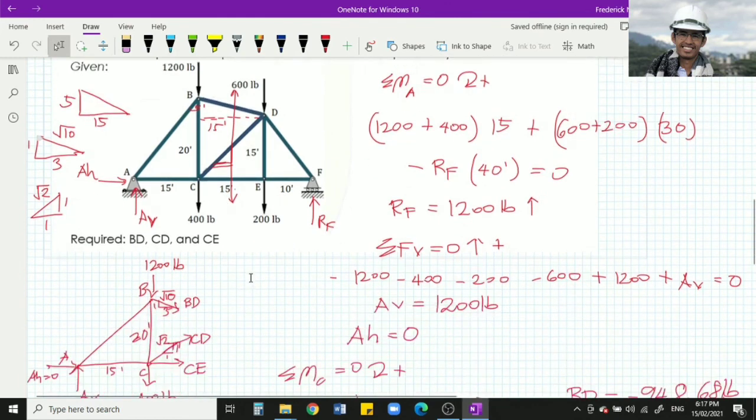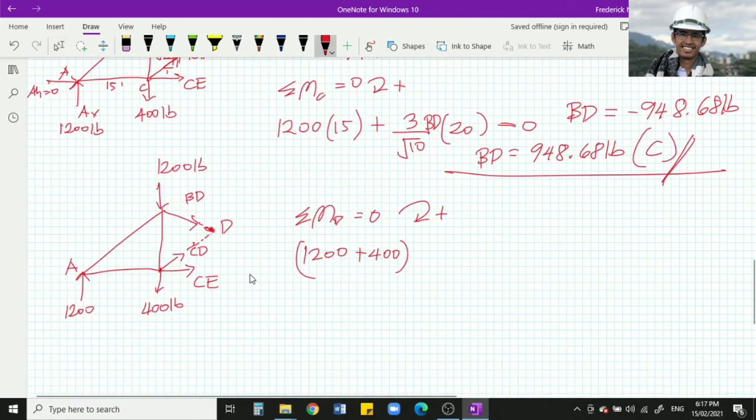So, 15 feet din yon. So, times 15. Okay. Ano yung direction ng moment natin? So, negative siya. So, negative ito. Okay? So, counterclockwise.